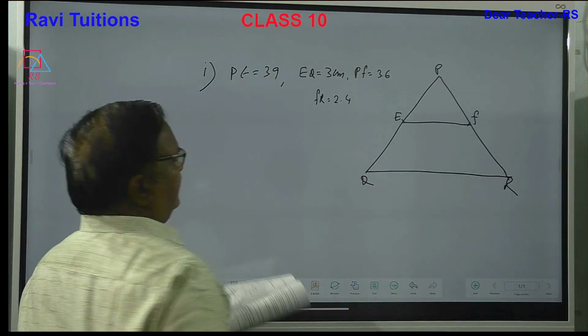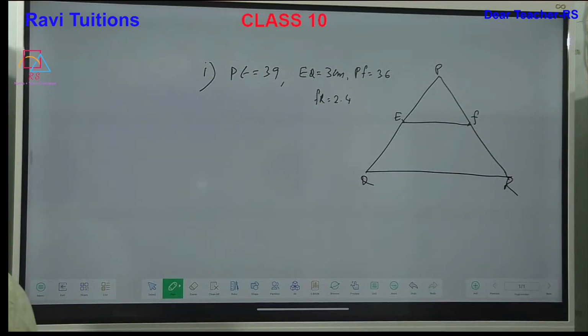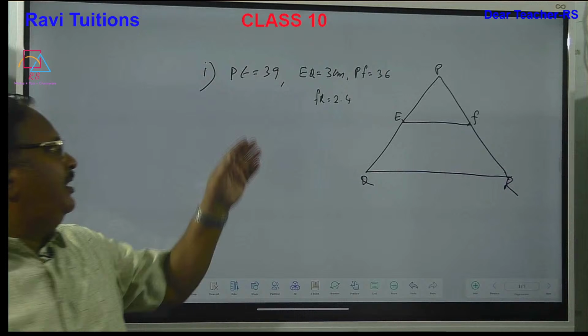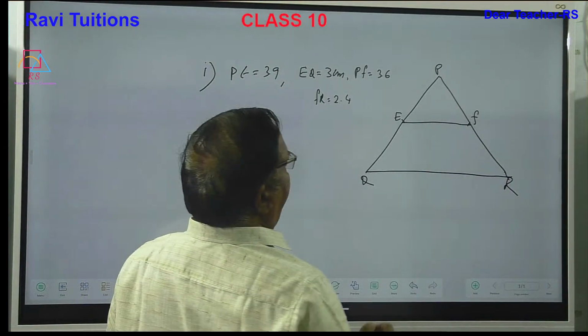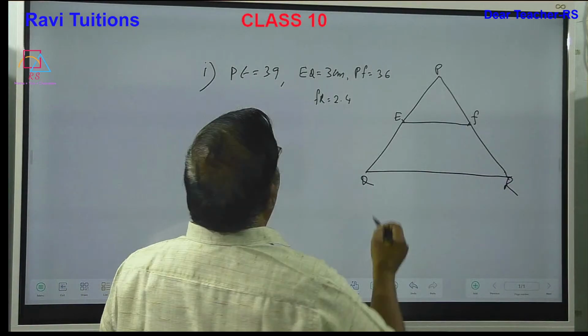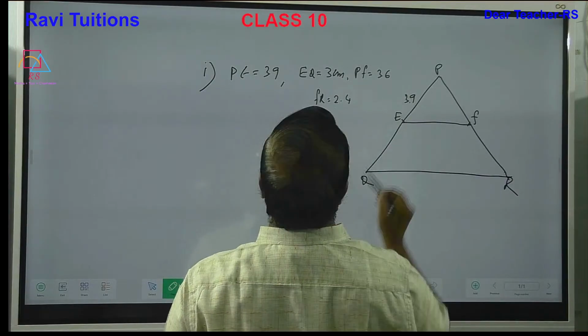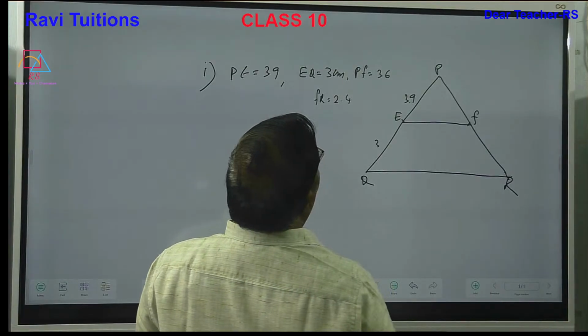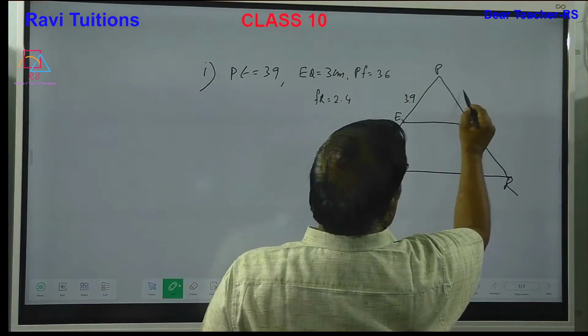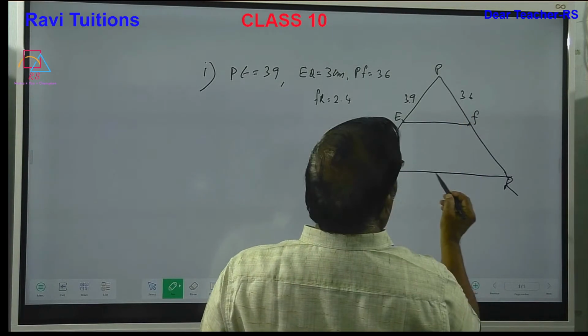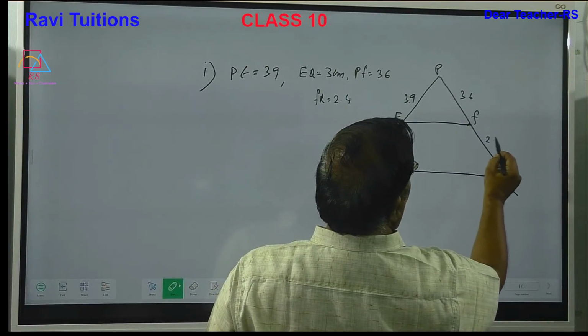I did not write centimeters, so you can assume all the units are in centimeters. So PE is 3.9, EQ is 3, PF is 3.6, and FR is 2.4.